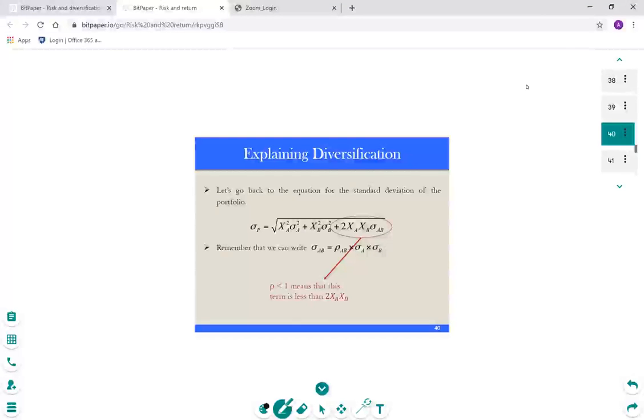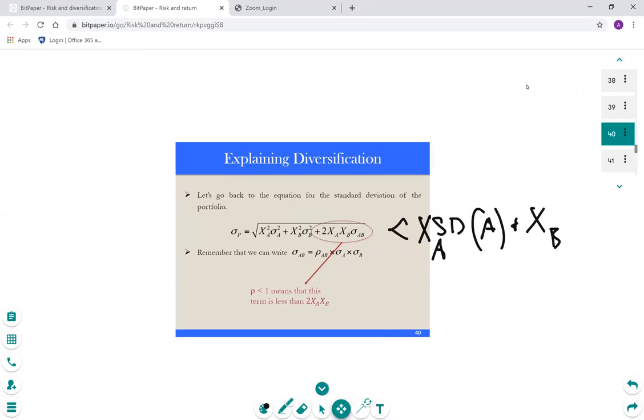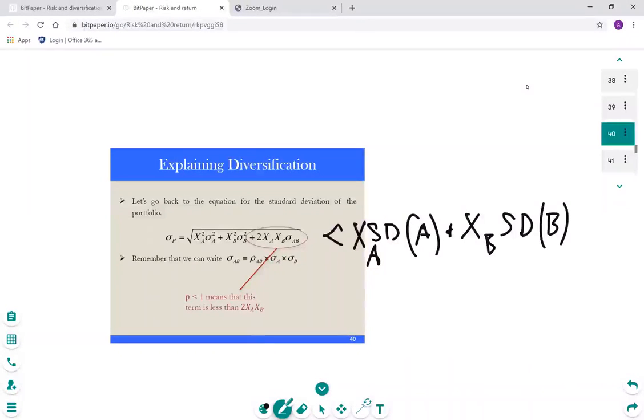And as long as the correlation is less than 1, that's going to allow this formula for the variance of the portfolio to imply that this is less than the standard deviation of A times XA plus standard deviation of B times XB.